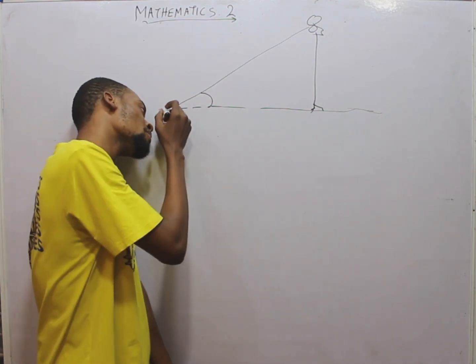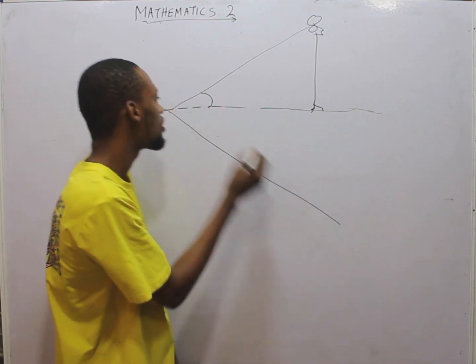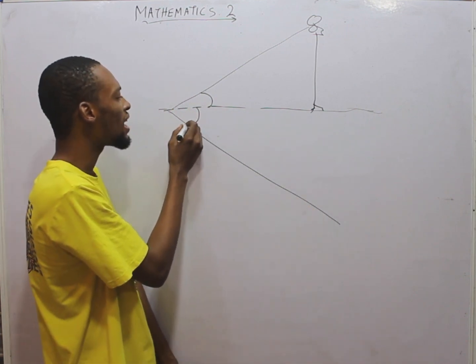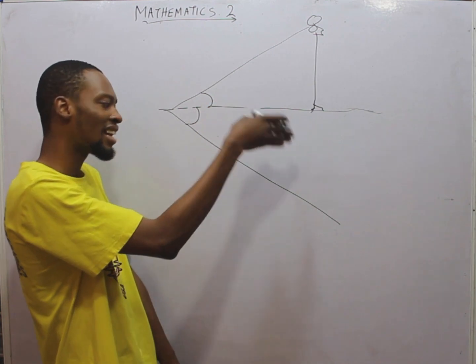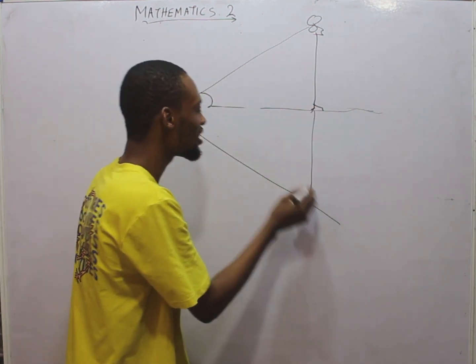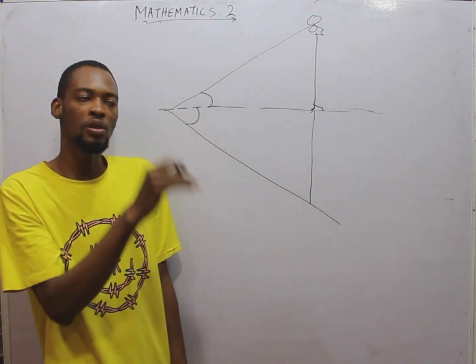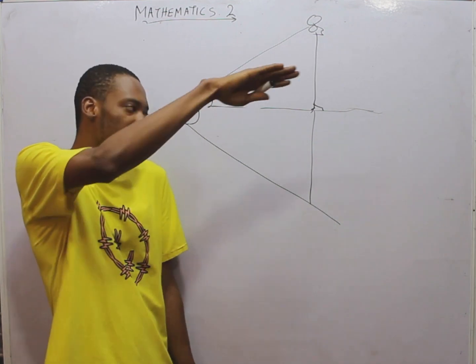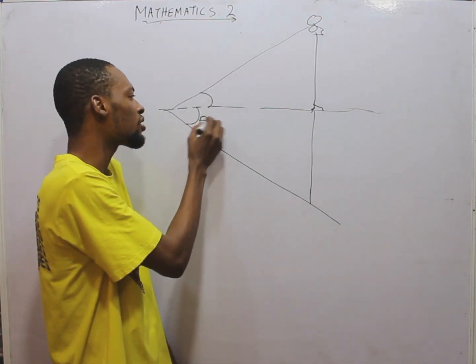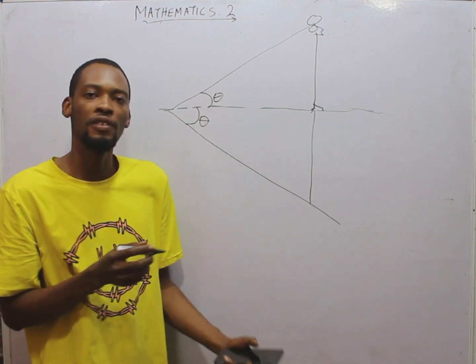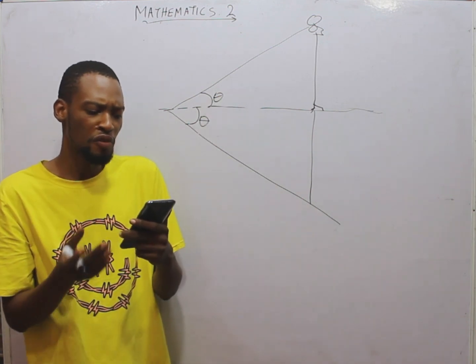So this angle which my eyes make with the horizontal and down here is the angle of depression. So when you look down, the angle between your normal view and down is the angle of depression. Here is the angle of elevation. Don't let the English confuse you.